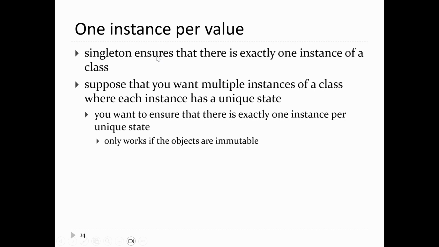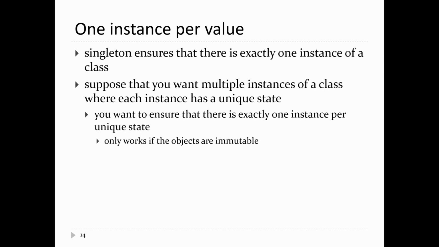All right, so Singleton ensures there's exactly one instance per class. Occasionally, you want to be able to have multiple instances of a class, but where each instance has a unique state, and now I want to ensure that there's exactly one object per unique state. So for example, the integer values, 1, 2, 3, 4, 5, 6, 7, 8, up to whatever.